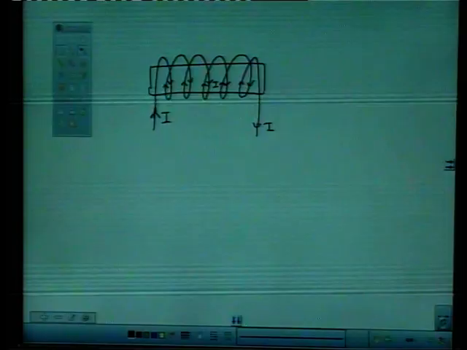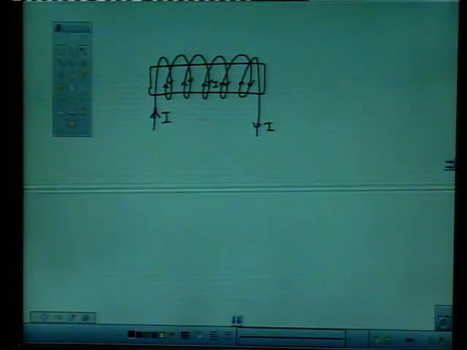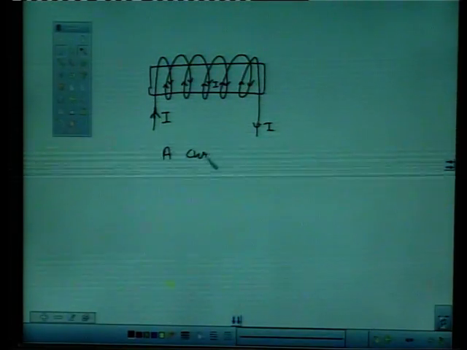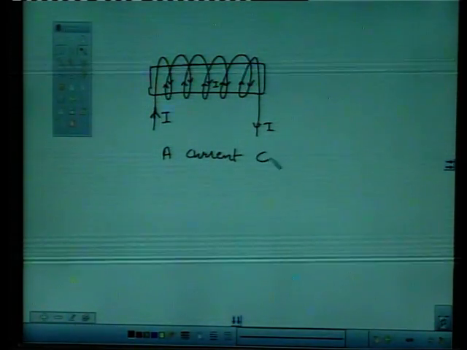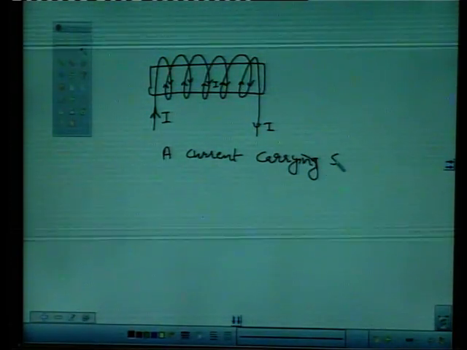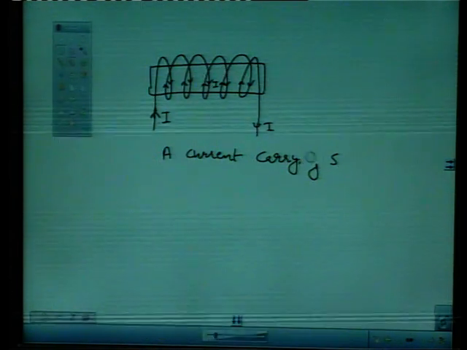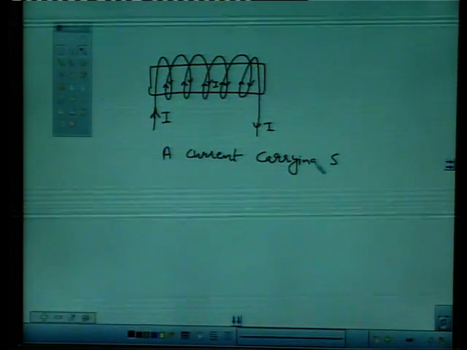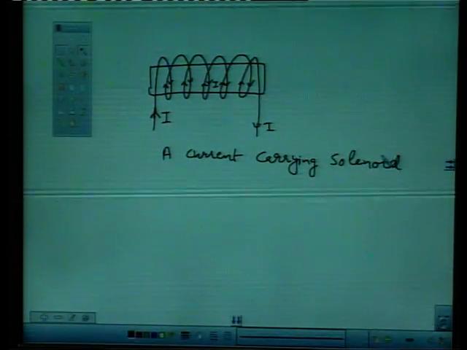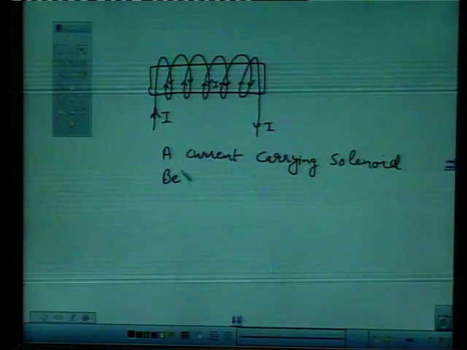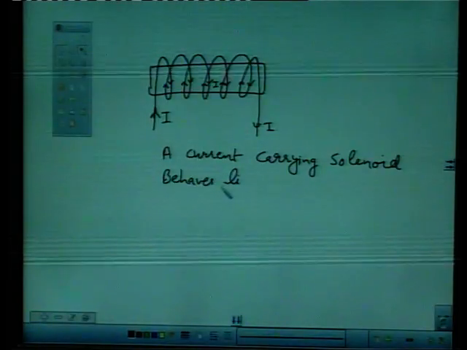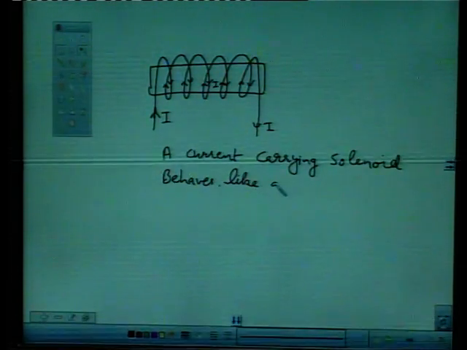So, this is a solenoid and this behaves like a magnet. A current carrying solenoid behaves like a magnet.